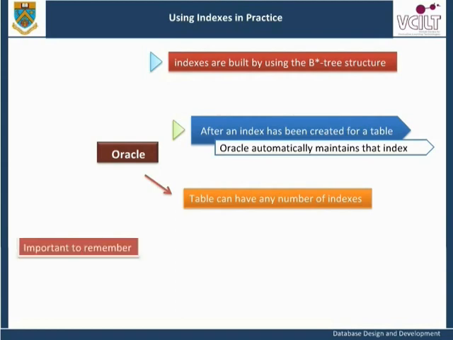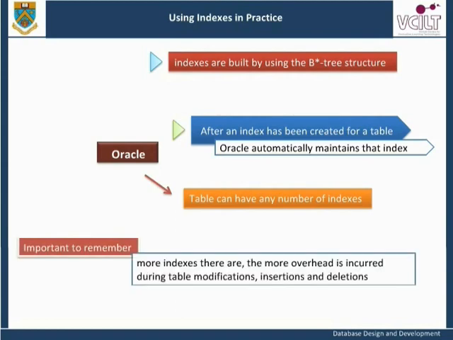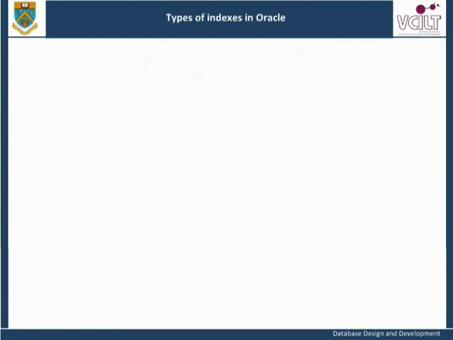However, it is important to remember that the more indexes there are, the more overhead is incurred during table modifications, insertions, and deletions. In order to study the practical use of indexes, we will use Oracle as an example throughout the rest of this unit. Types of indexes in Oracle.